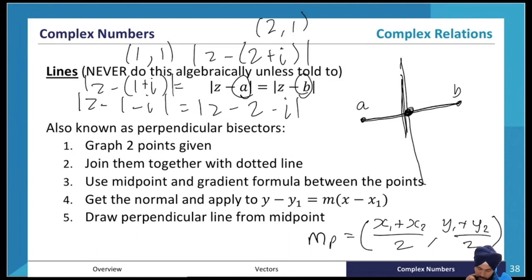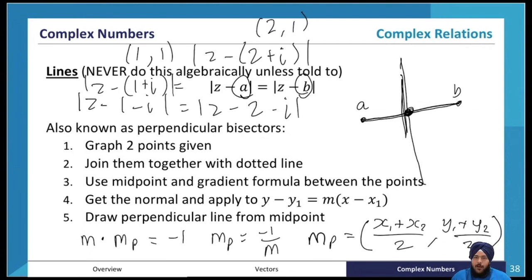So what we need to do is we need to divide the gradient by negative 1. Because remember, the gradients of two perpendicular lines multiply to equal negative 1. So to find the perpendicular gradient, we need to divide negative 1 by the gradient.